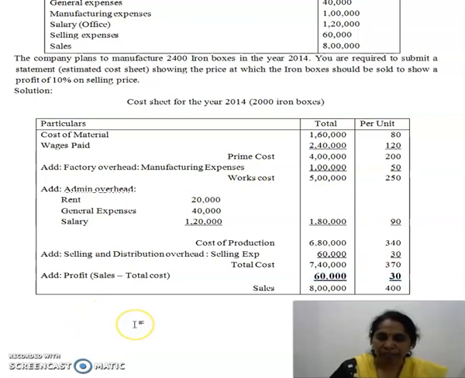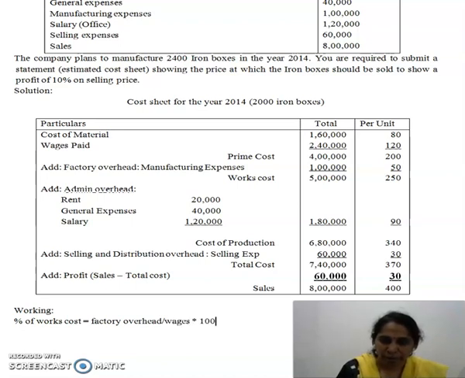Okay, shall we prepare? So you should remember all these items, estimated cost sheet. Before going to the estimated cost sheet, we have to do some workings. So what are the workings? I wanted to know the percentage of works cost, or factory cost. Percentage of factory overhead divided by wages into 100.